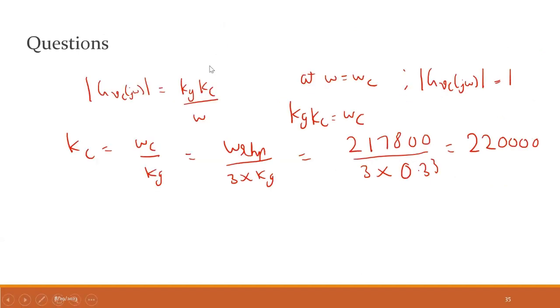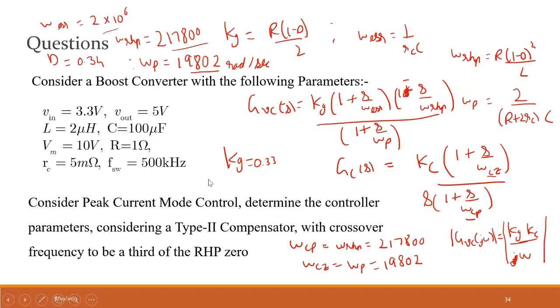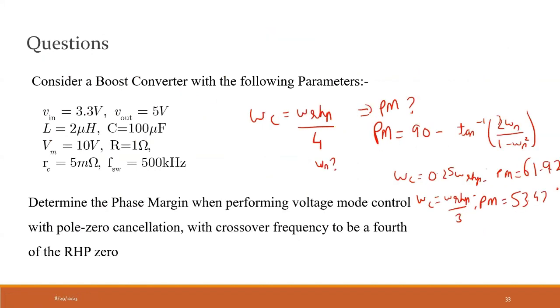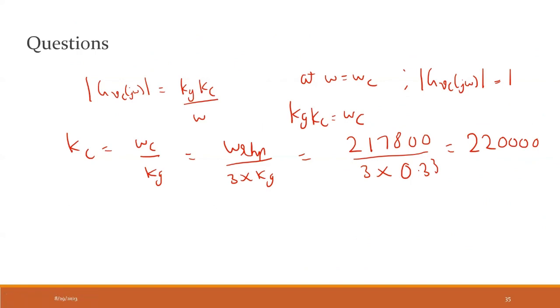If we want to check whether our response gives a suitable phase margin, we check that if omega crosses omega RHP upon 3, then we get a phase margin of around 53.147 degrees.